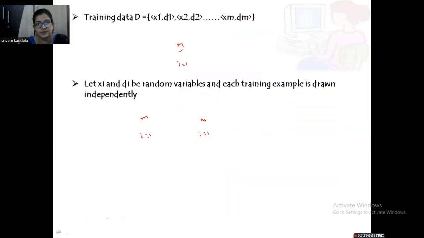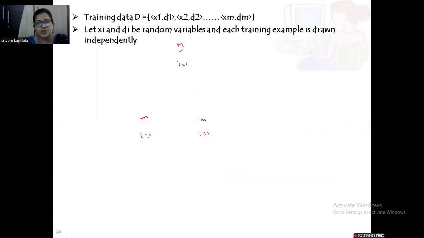For this, let us make certain assumptions. Our training data, capital D, is taken as a set of training examples in the form of x1, d1, x2, d2, and so on up to xm, dm. We are also assuming that the xi and di are random variables and each training example is drawn independently.